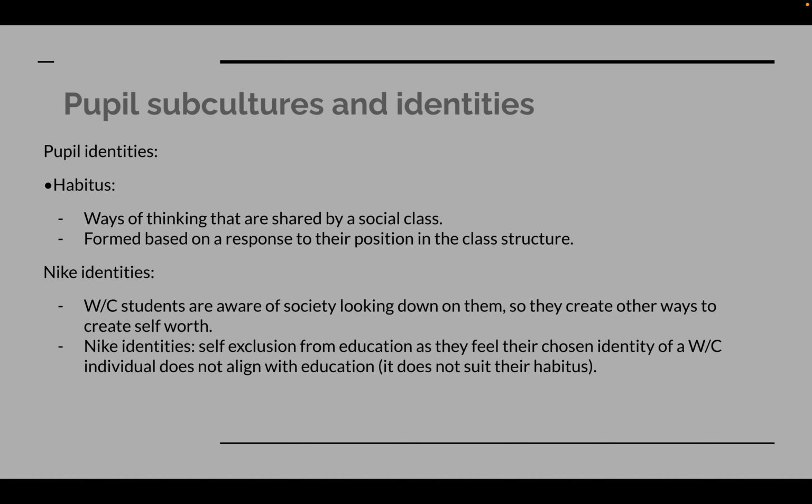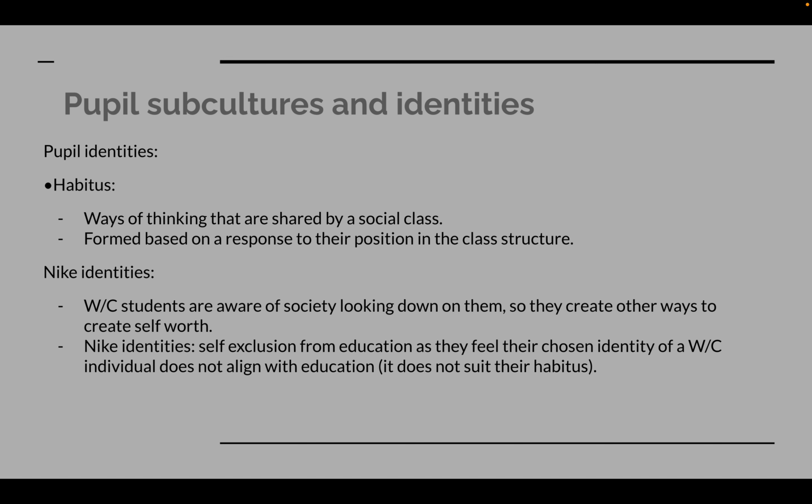And therefore, working class students form something called a Nike identity. This is because they are aware of society looking down on them, so they create other ways to create self-worth. They create a working class identity and brand themselves like a Nike identity as a working class individual.